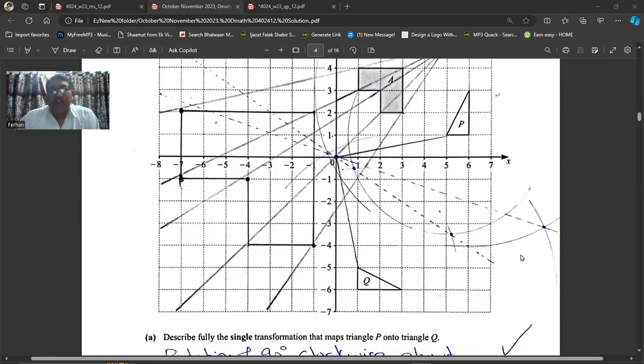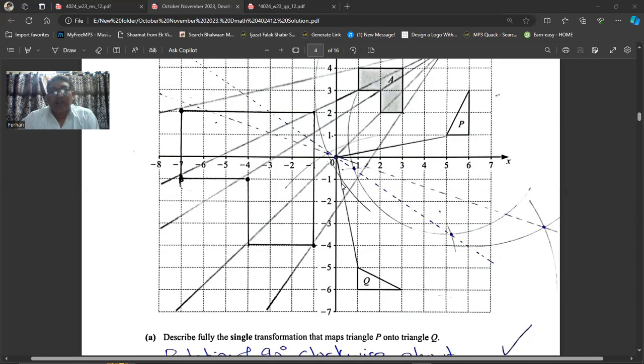Then I can join this point and this point, or this point and this point. From here, I will draw an arc here, and an arc here. Then from here, I will draw an arc.